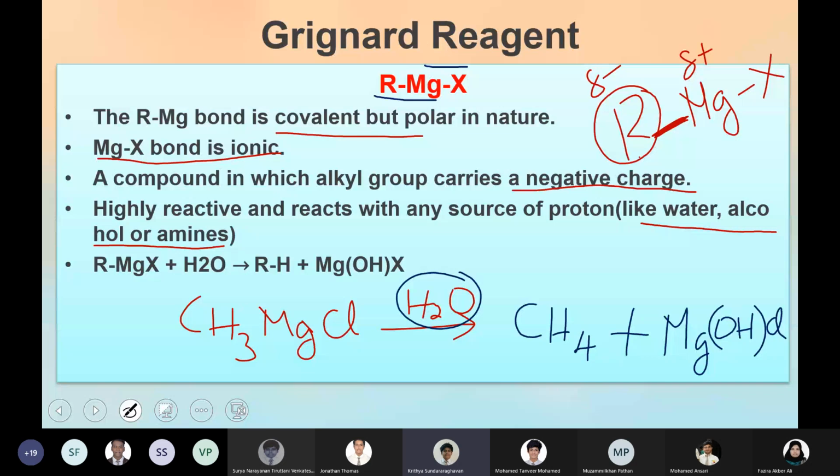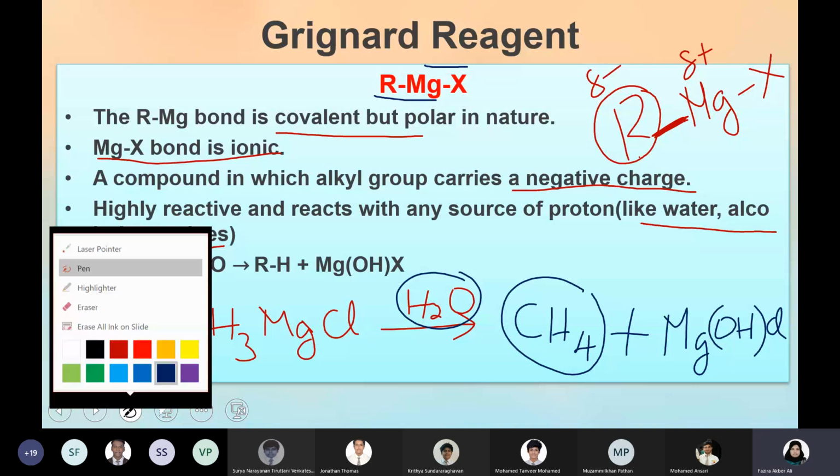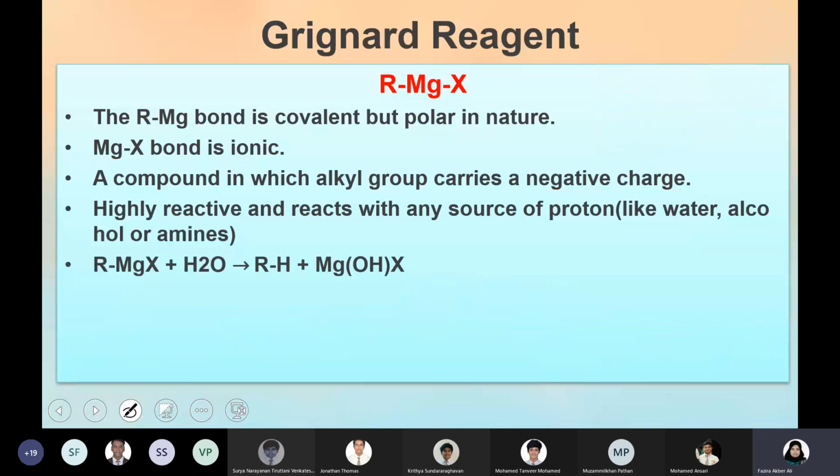Will substitute the MgX. Yeah, in this case, yeah. And if a Grignard reagent reacts with any source of proton, this will happen. If you treat it with alcohol, you will also get the same thing. That means it will accept hydrogen and form a normal alkane followed by some byproducts. So this is the importance of Grignard reagent.